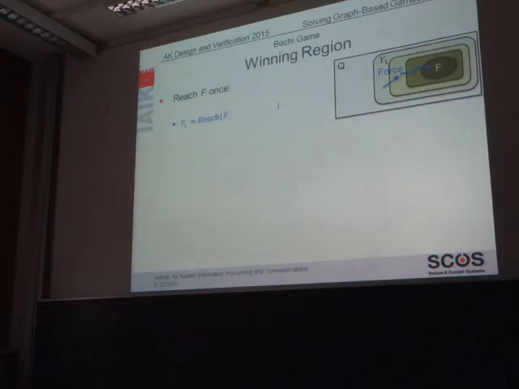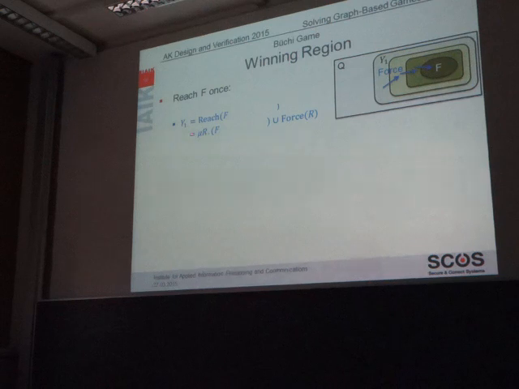I abbreviated the mu-calculus formula for reachability games with reach of F. Actually, we can pick any of the three algorithms that we have discussed for reachability games. Here I just wrote down one of these three mu-calculus formulas, but it's an arbitrary choice. I also left some blank space here, but this is just for cosmetic reasons, as you will see later. So this will work perfectly.